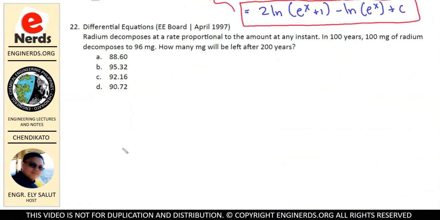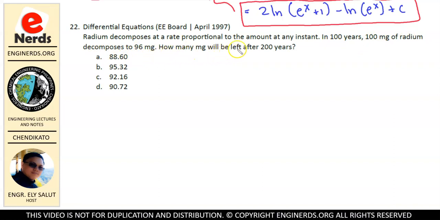Okay? We already finished problem number 21. So this is a differential equation problem that came out in April 1997 in the EE board exam. Radium decomposes at a rate proportional to the amount at any instant. In 100 years, 100 milligram of radium decomposes to 96 milligram.